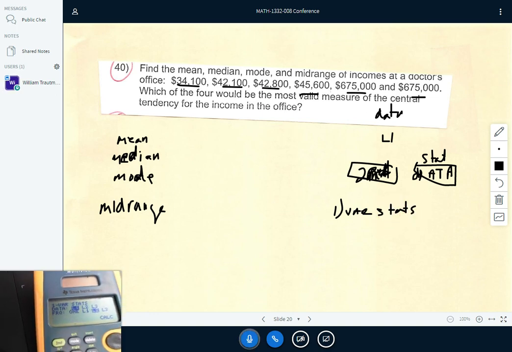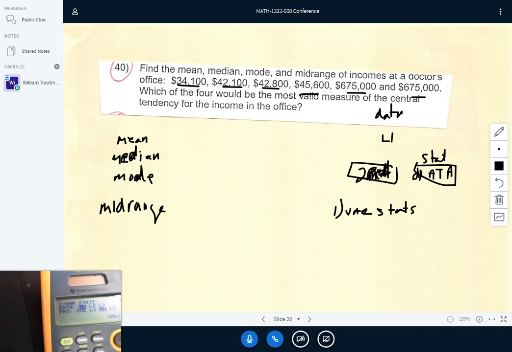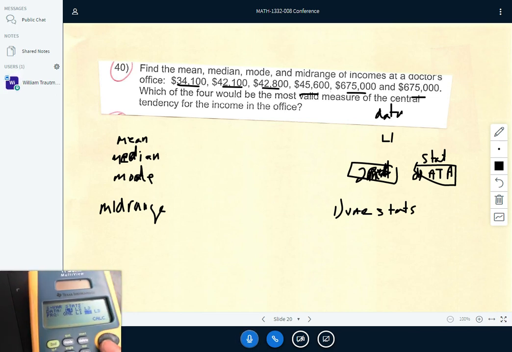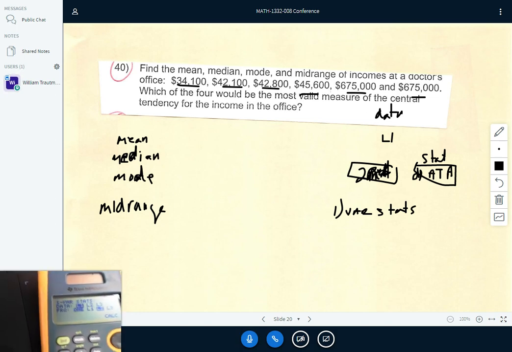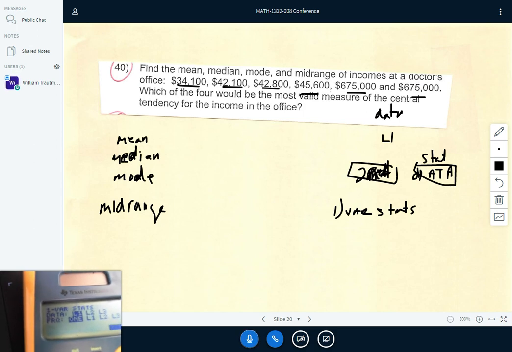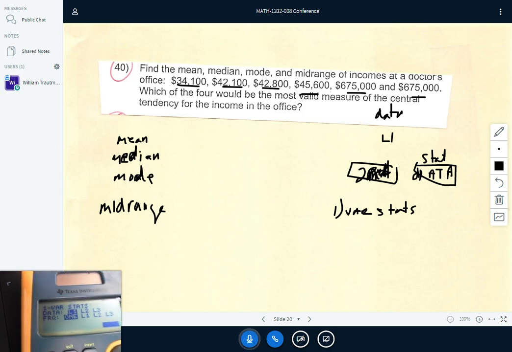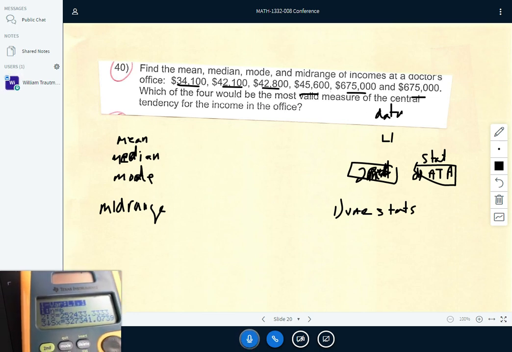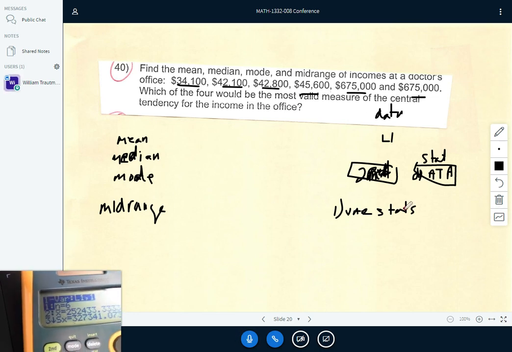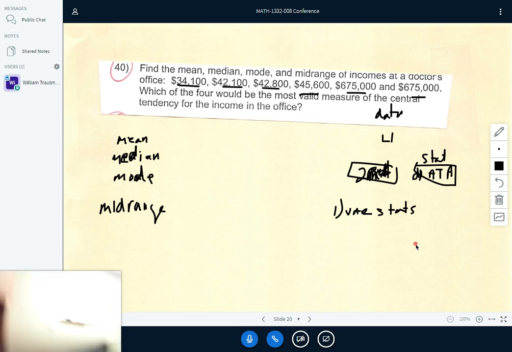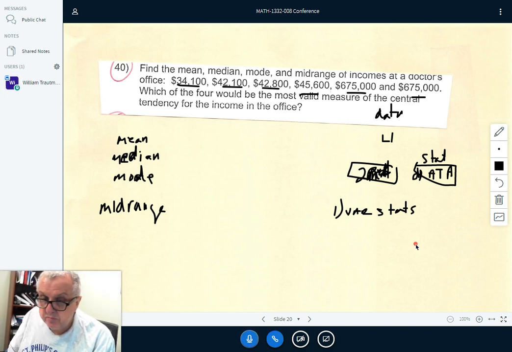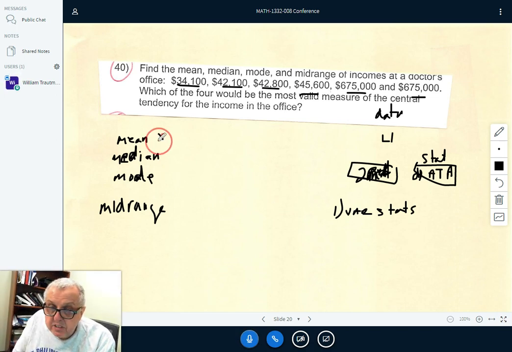Hit enter. Our data is in list 1, and there's nothing in list 2, so you arrow over and type in ONE, then hit enter, and it gives us our average. My average is my mean.